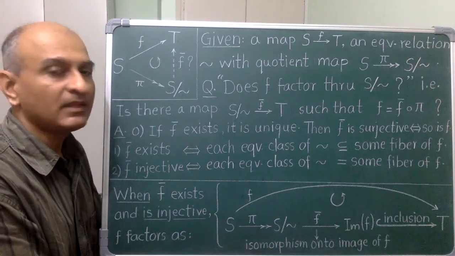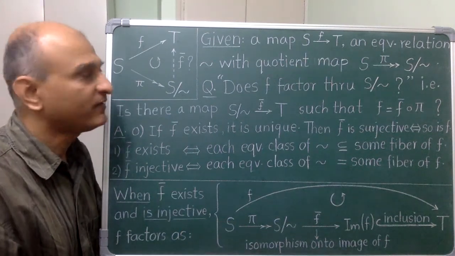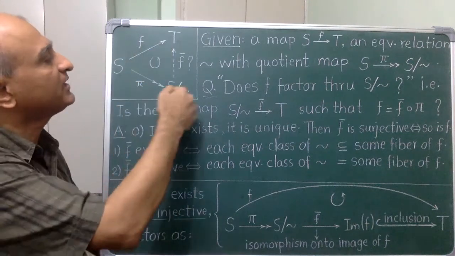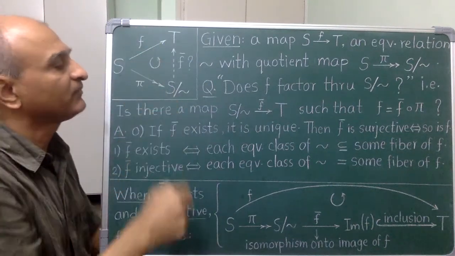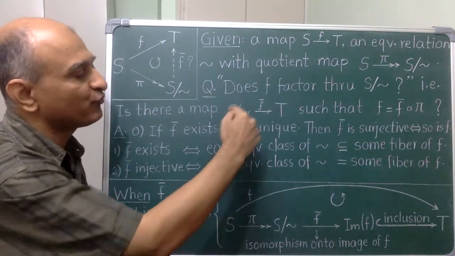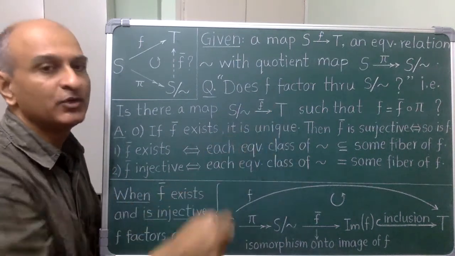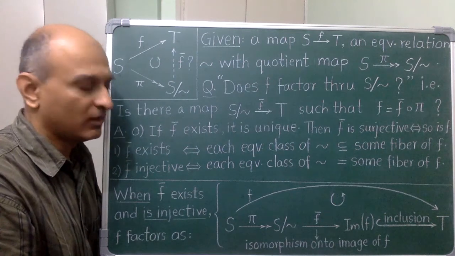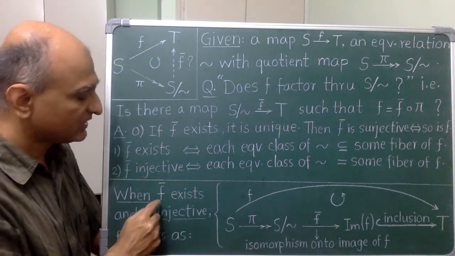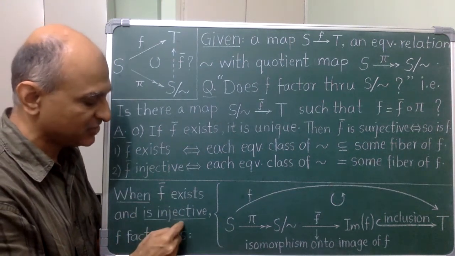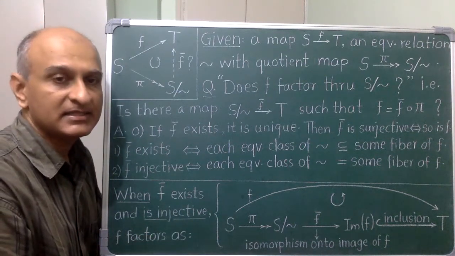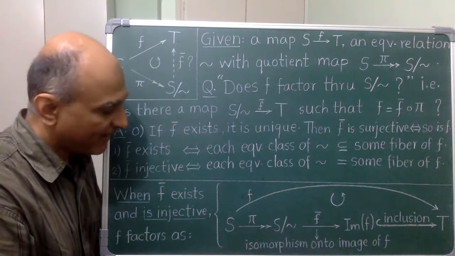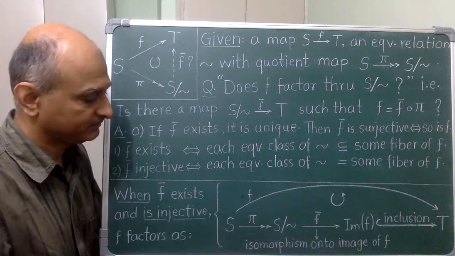Okay. In practice, often we know only partial information in this situation and we can use this web of interrelationships to get more information as we will see in examples. Alright, now suppose that f bar exists and is injective. In that case, I can factor f in the given fashion.